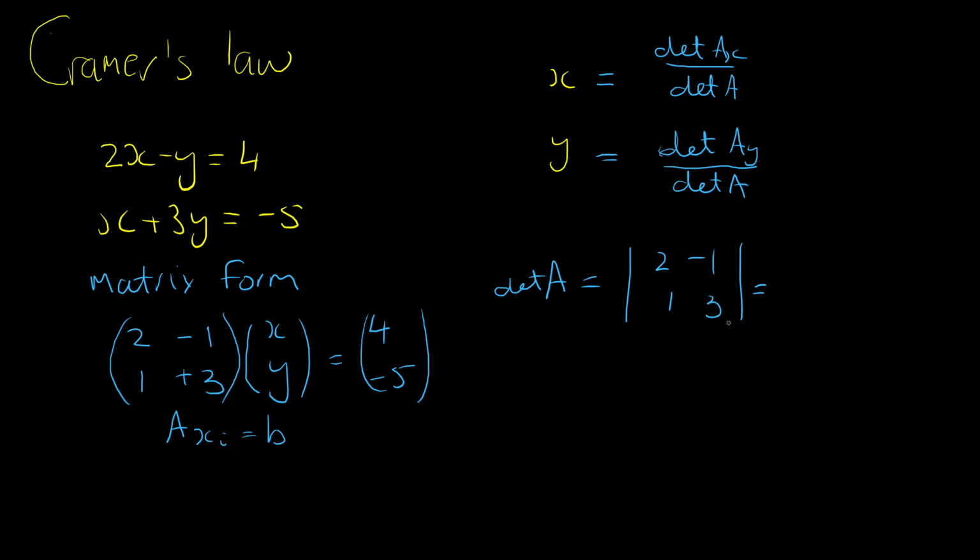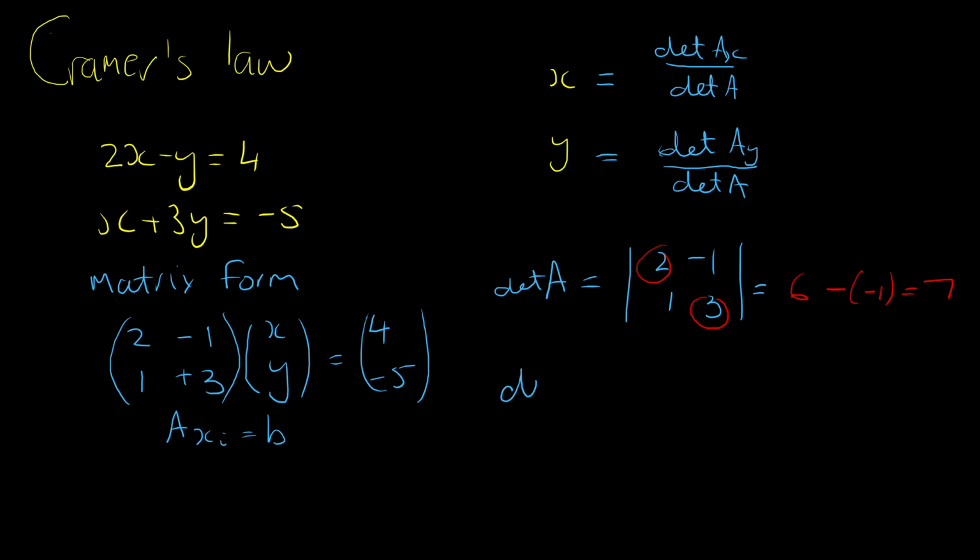The calculation is similar to what we've done for the normal determinant. We multiply 2 with 3, which is 6, minus 1 multiplied by minus 1, which is minus 1. So 6 minus minus 1 is 6 plus 1, which is 7. The determinant of A is 7.